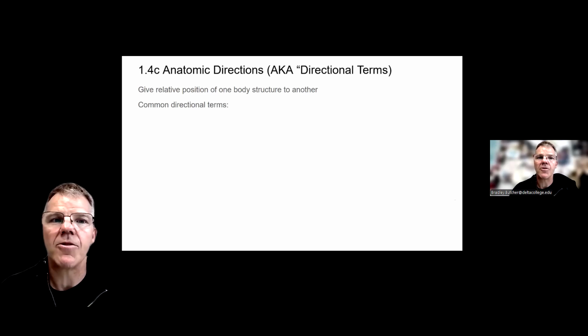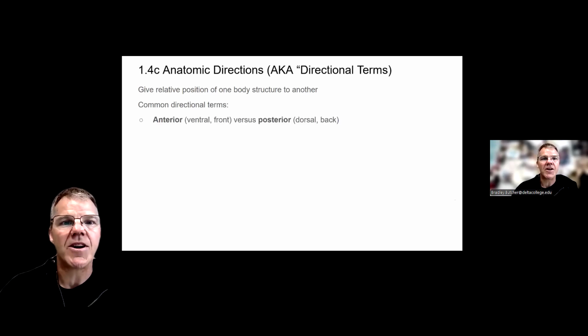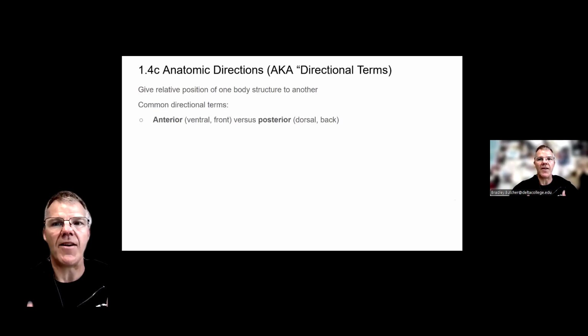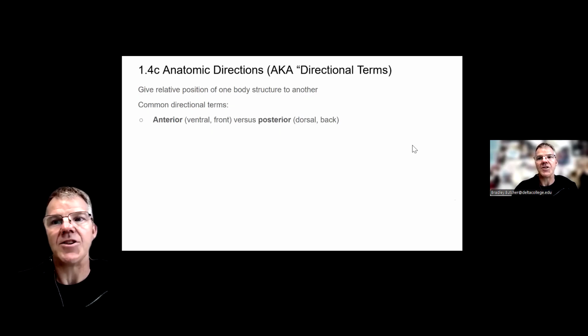Some common directional terms are anterior versus posterior. Anterior, also known as ventral, refers to the belly side, or the front. Posterior, sometimes known as dorsal, is the backside. I like to think of a dorsal fin on a shark or a dolphin. Ventral literally means belly side.